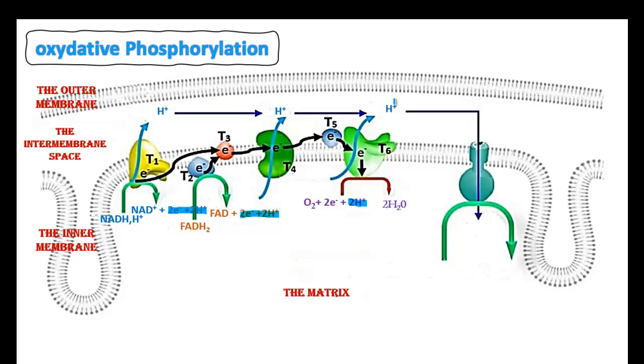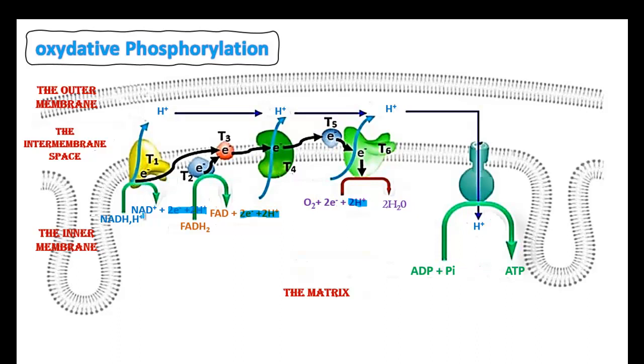So over here, let's talk about this proton. It's going to flow to the matrix, and this flow is going to release energy. This energy will be used to make a chemical bond between the ADP molecule and this phosphate group to make ATP. And this reaction over here is what we call phosphorylation.